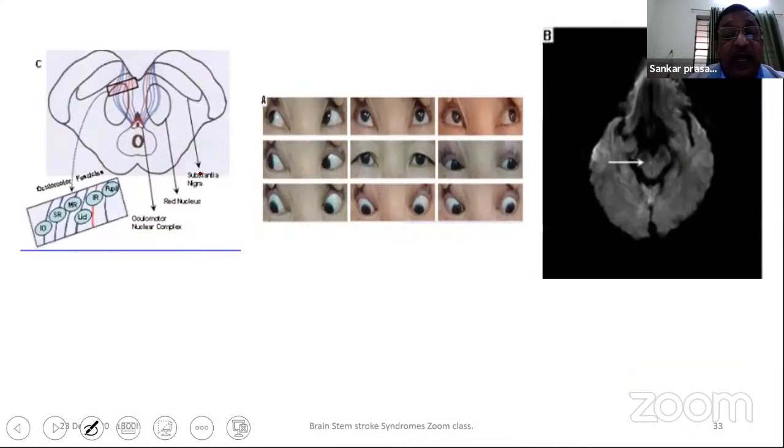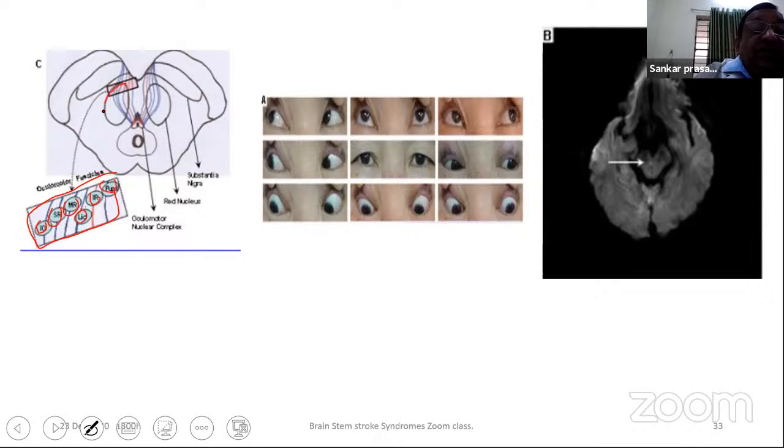Okay, and you see there is ventral midbrain involvement, and the lady also has what is called a third nerve palsy, and the third nerve has so many fascicles. It supplies inferior oblique, superior rectus, medial rectus, inferior rectus, also supplies pupils, also supplies lids.